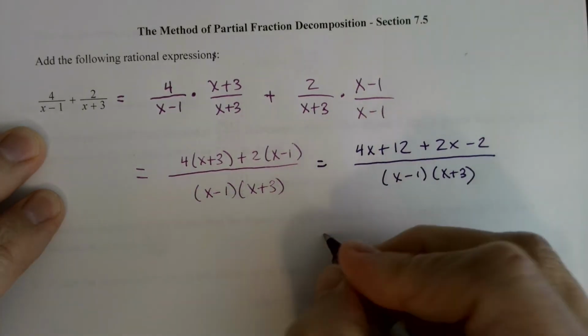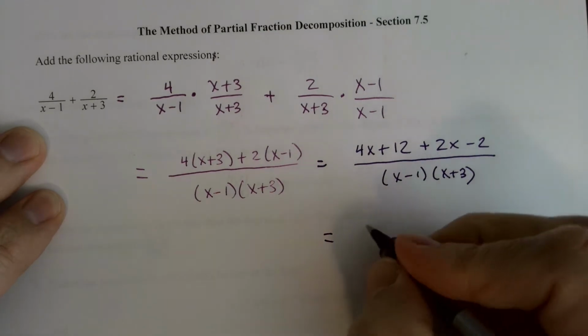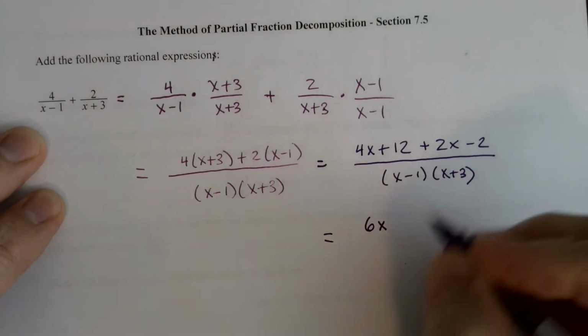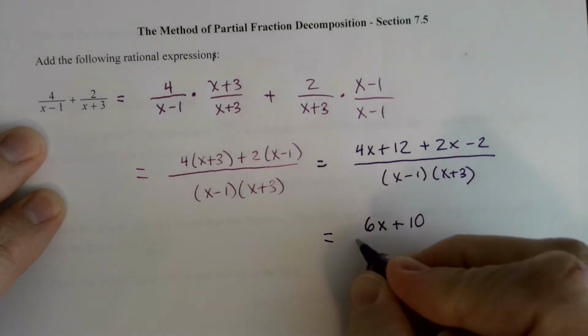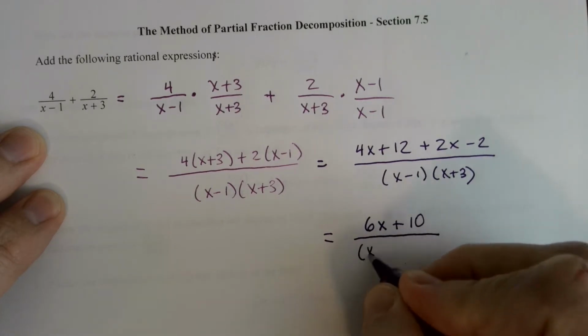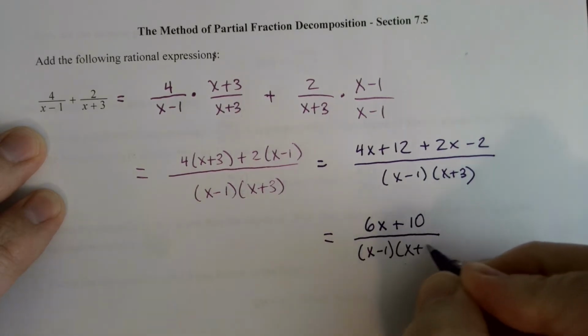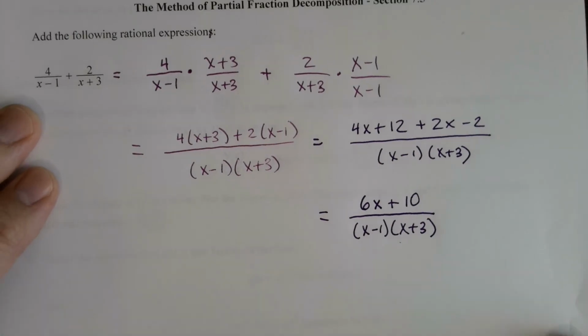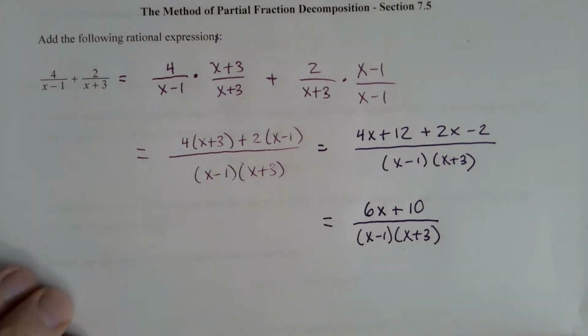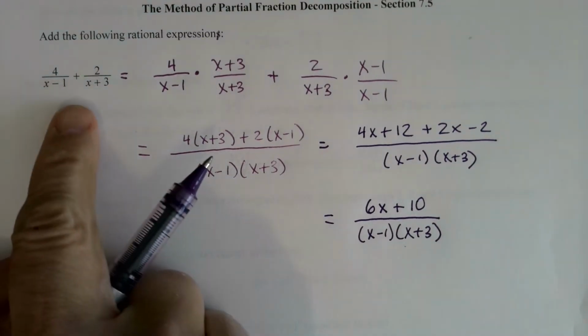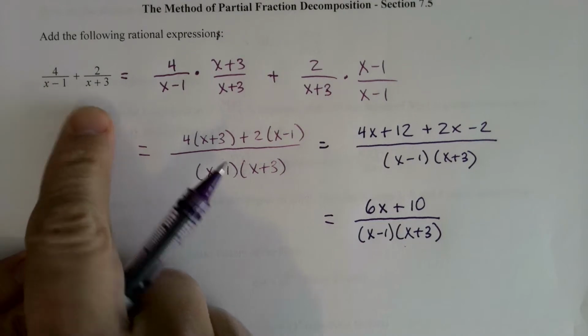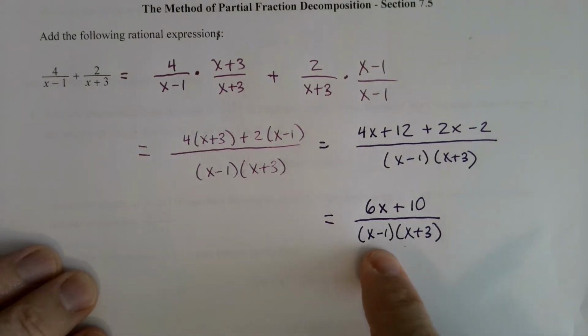Combining like terms up top, 4x plus 2x is 6x, and 12 minus 2 is 10. And there I get the sum. I've written the two rational expressions as one rational expression.